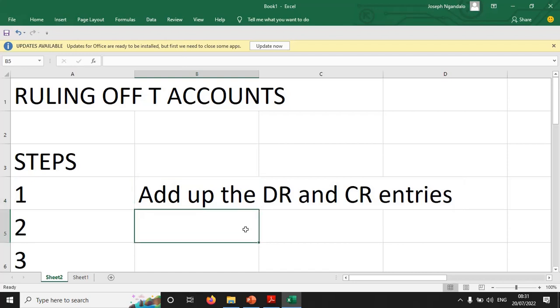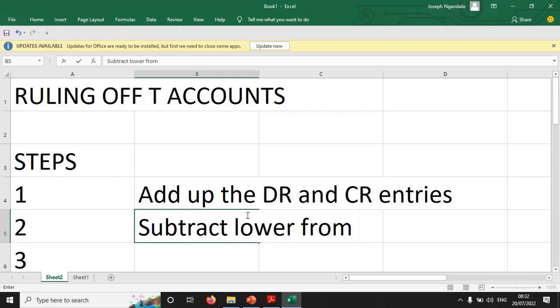Then the second step is to get the difference. Subtract the lower from the higher sum in step 1.